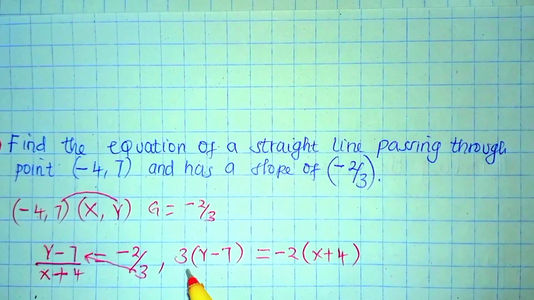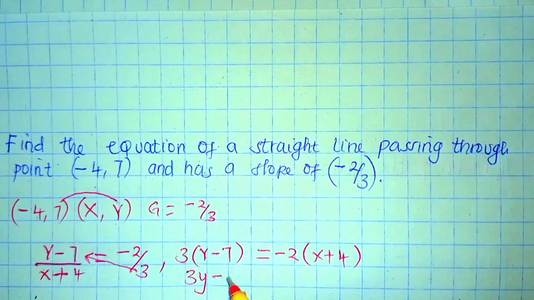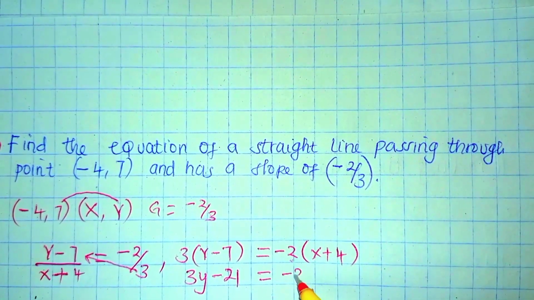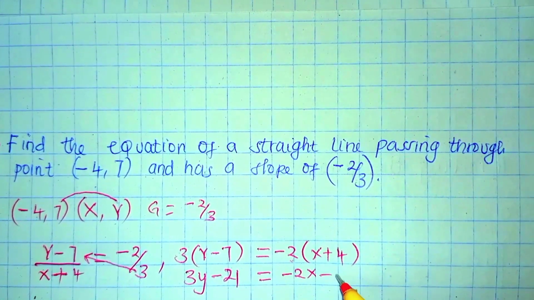So 3y minus 21 is equal to negative 2x minus 8.